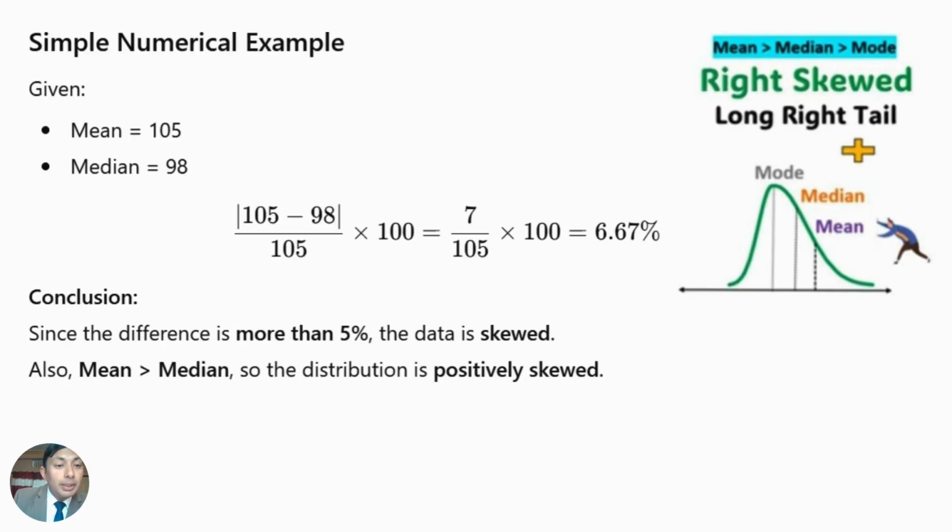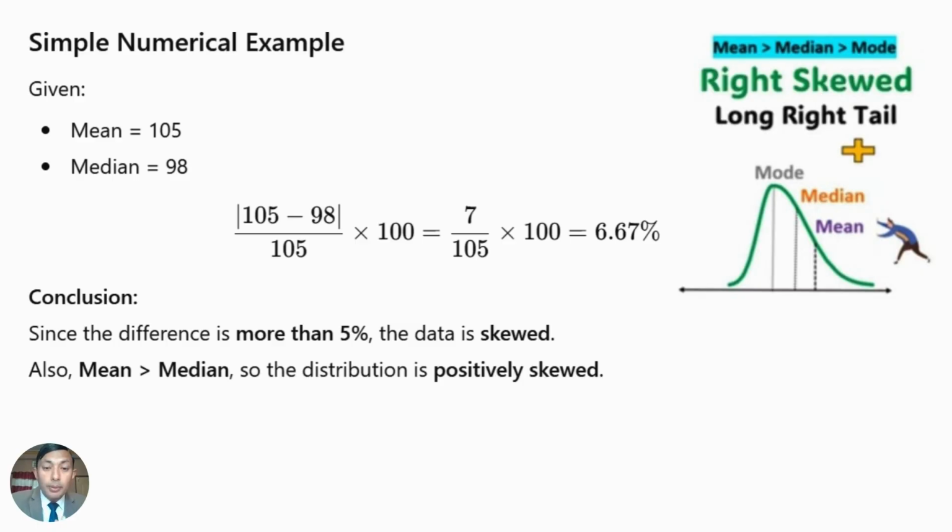One simple numerical example is shown here, and we find 6.67%. The conclusion is that since the difference is more than 5%, data is skewed. With this skewed data, the mean is greater than the median, so the distribution is positively skewed. These extreme values pull the mean to the right and make the mean greater than the median.